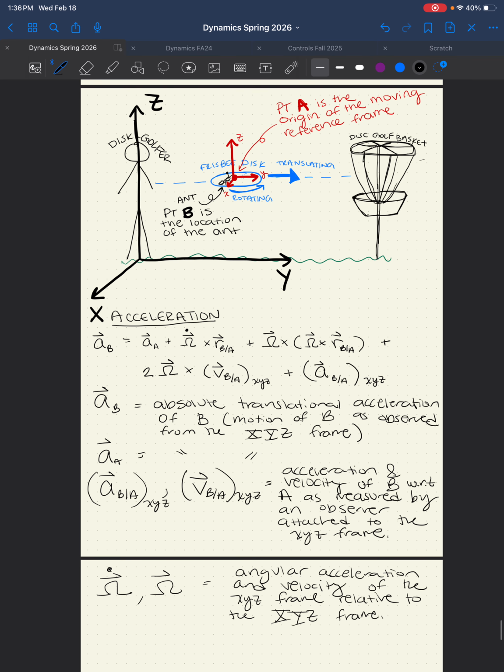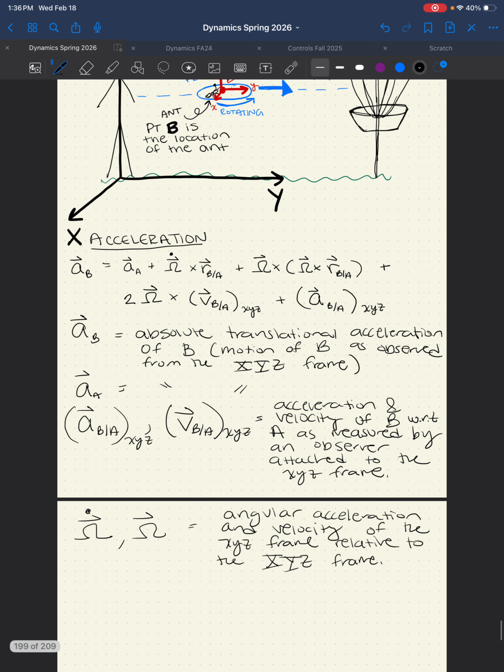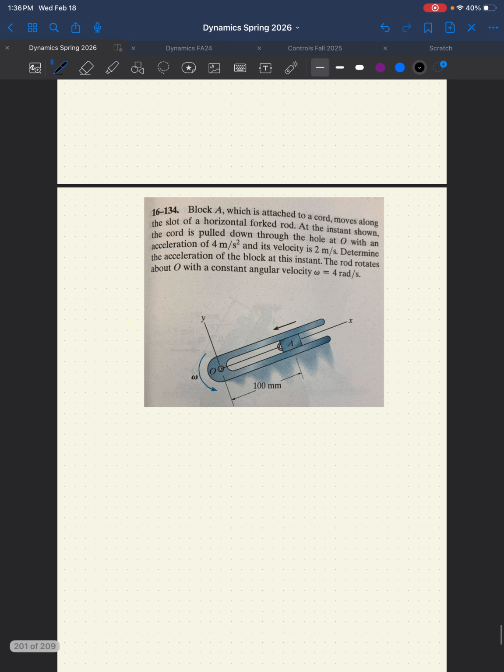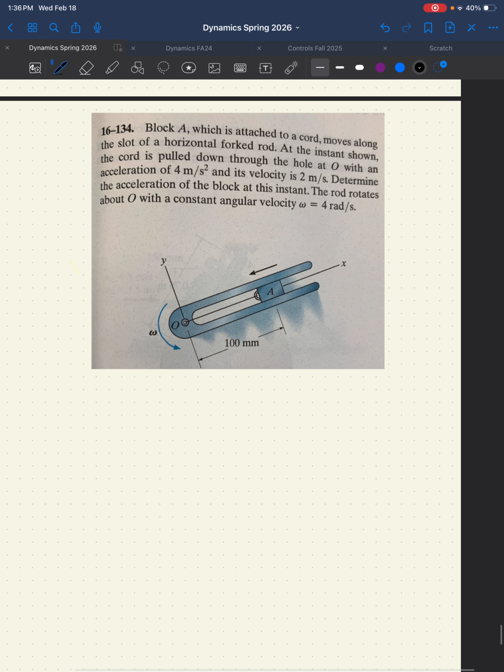All right, let's try to make this more concrete with an example. Okay, so we're going to do an example. We have this kind of forked rod thing. This is all one rigid body. And this thing is spinning about the fixed point O here. Okay, so it's doing fixed axis rotation, spinning in this way.